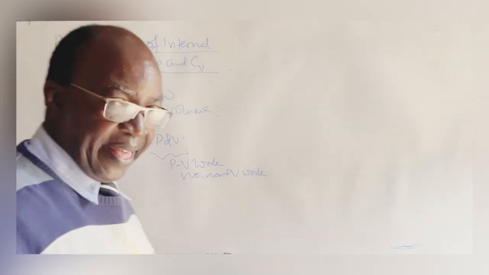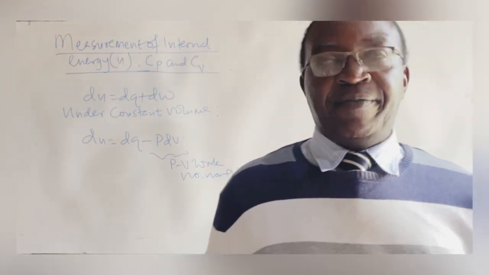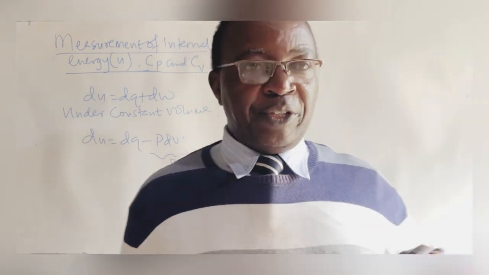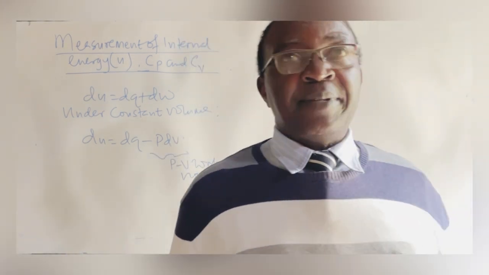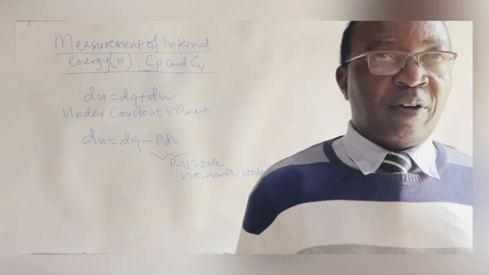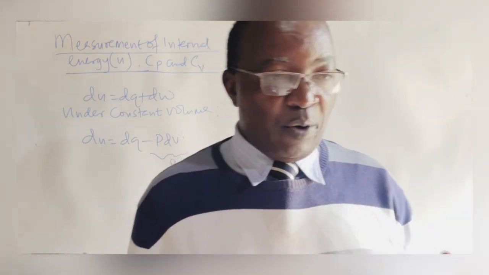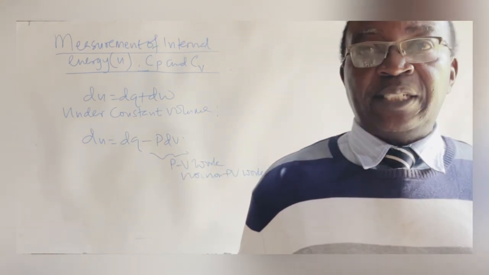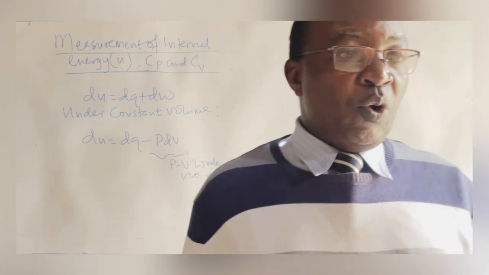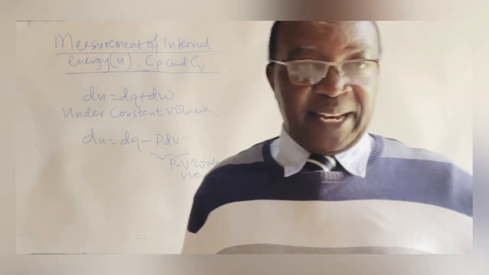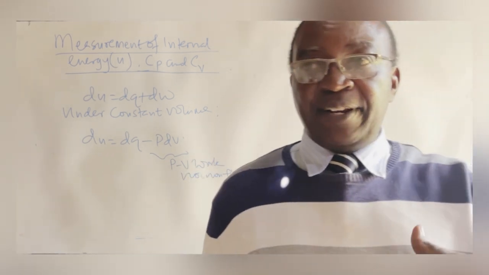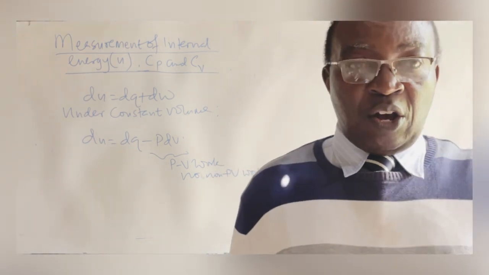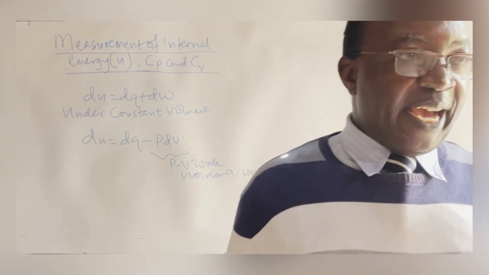And always remember that when we are talking of PV work, there are other forms of work. There's electrical work, which when you look at the flow calorimeter lecture, you will see that we talked of electric resistance, which is the friction in the electrical flow system, and leads to loss of heat from the electrical context. Just like friction in the mechanical context results in loss of mechanical energy as heat.